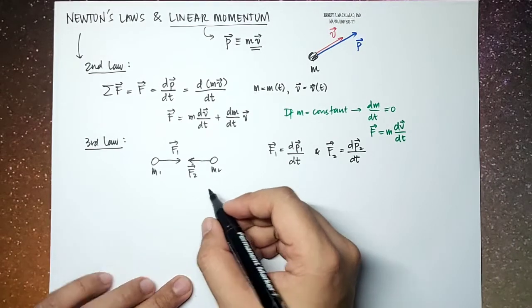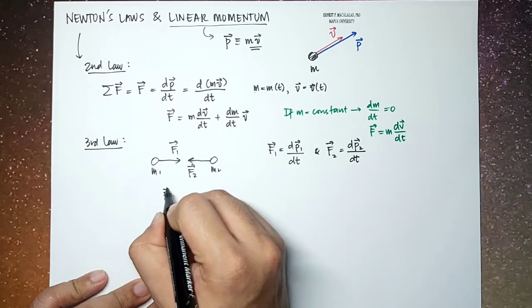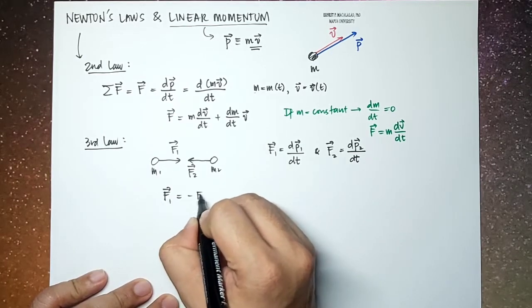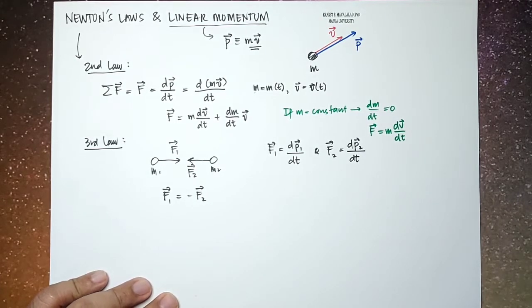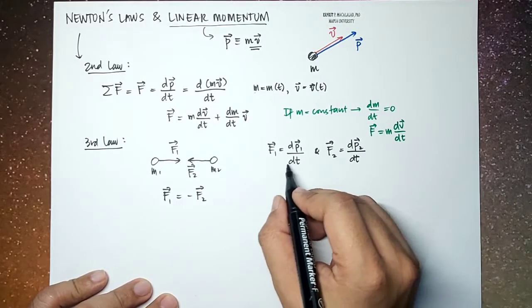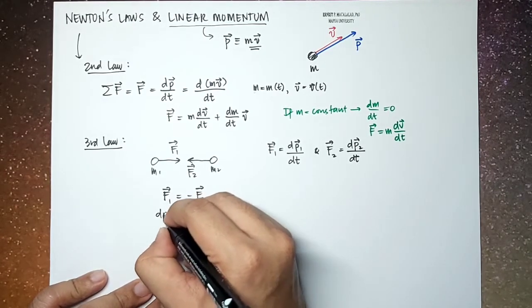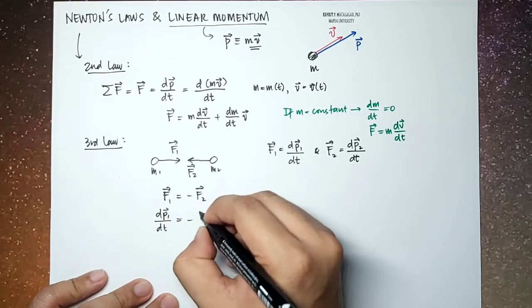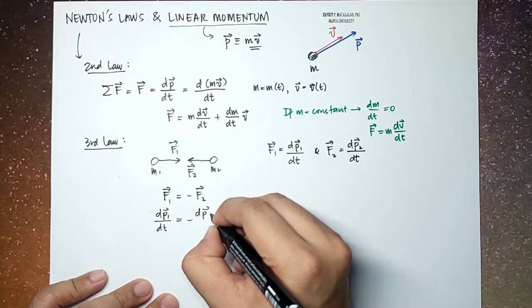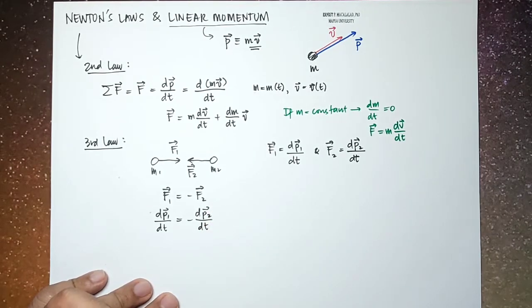Now, Newton's third law says that F1 is equal to negative F2, assuming that the two forces are central. So by virtue of Newton's second law, the derivative of the momentum of the first particle with respect to time is equal to the negative of the change of momentum with respect to time of the second particle.